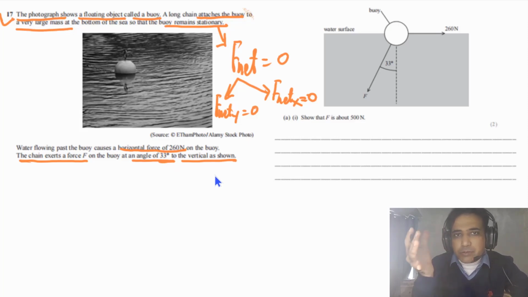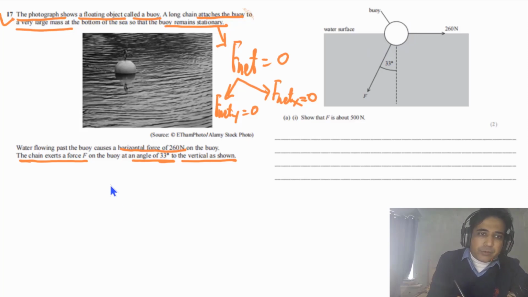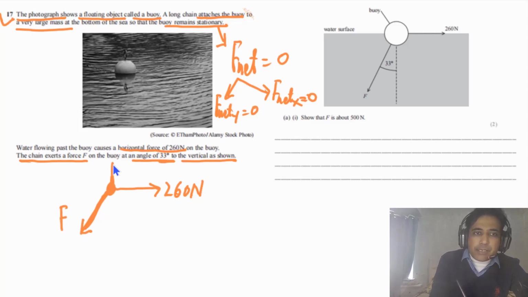So the best way to answer this question is, first of all, we can draw the free body diagram. So this is the object. On this one force is acting to the right. This force is 260 newtons, and there is a tension in the chain. So this is F, and we have upthrust acting on this one, that will be in the upward direction.